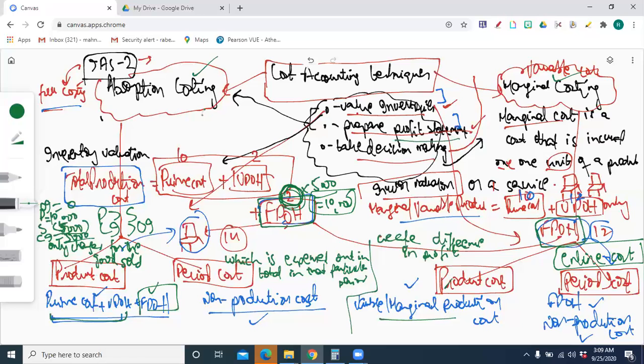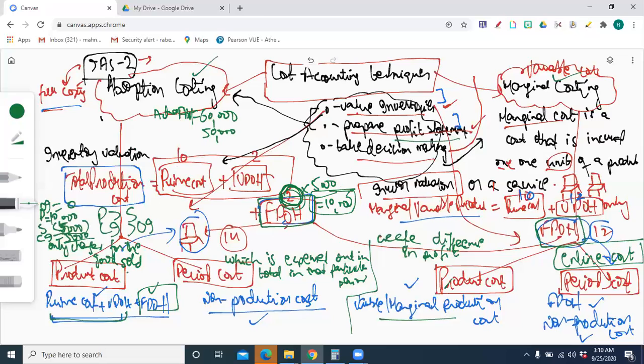So for example, actual fixed overhead was 60,000 and marginal costing charged the entire 60,000. However, absorption costing would only charge 50,000 and it won't charge 10,000. That's the profit difference. Why? It will not charge 10,000 because the 5,000 chairs sitting in the inventory each carry a fixed overhead charge of 2, which is basically product cost.